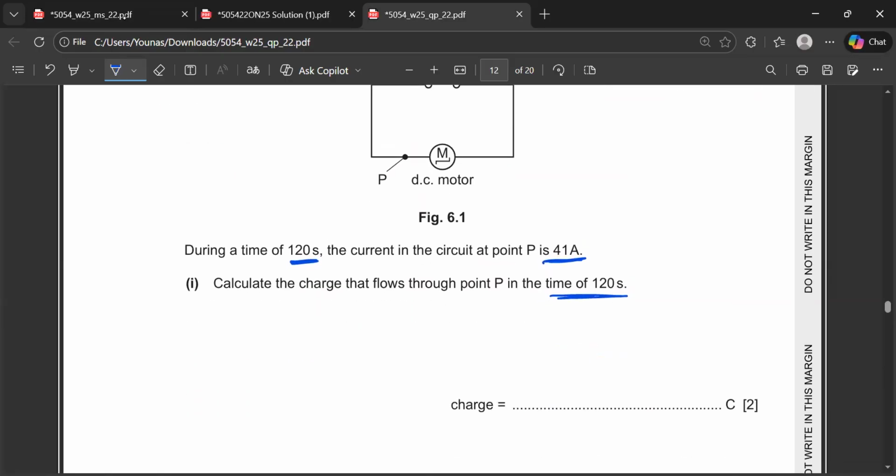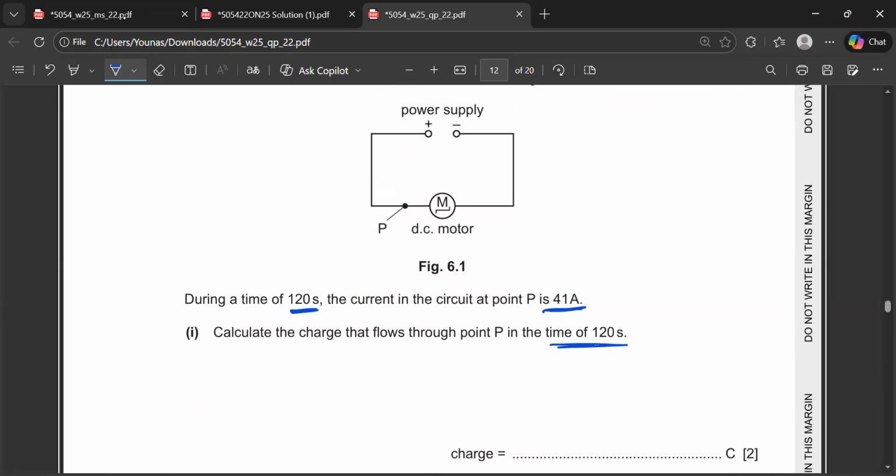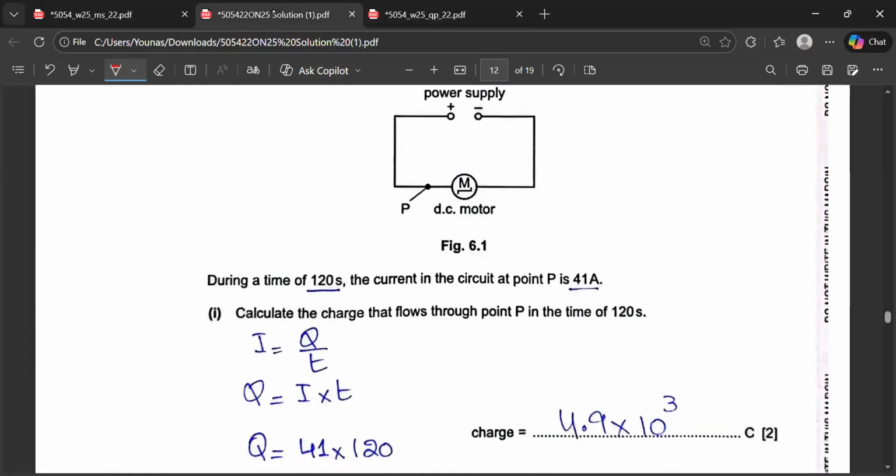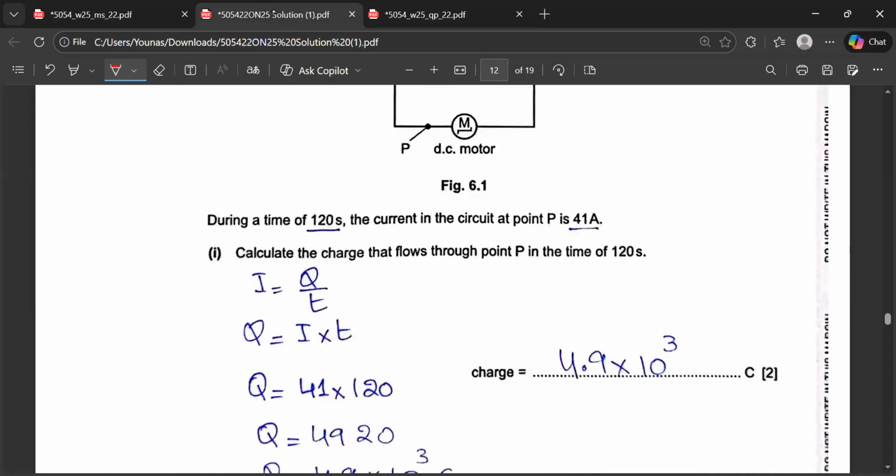So it's a very simple question, you know that I is equal to the charge divided by the time. So the charge will be equal to I multiplied by T. I means the amount of the current and T means the time. So here the current is 41 ampere and the time is 120 seconds. You can calculate very easily the amount of the charge here.